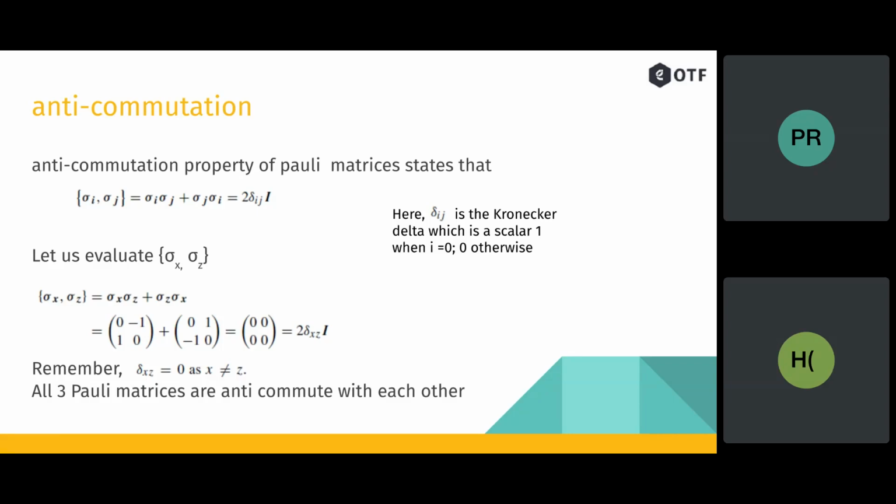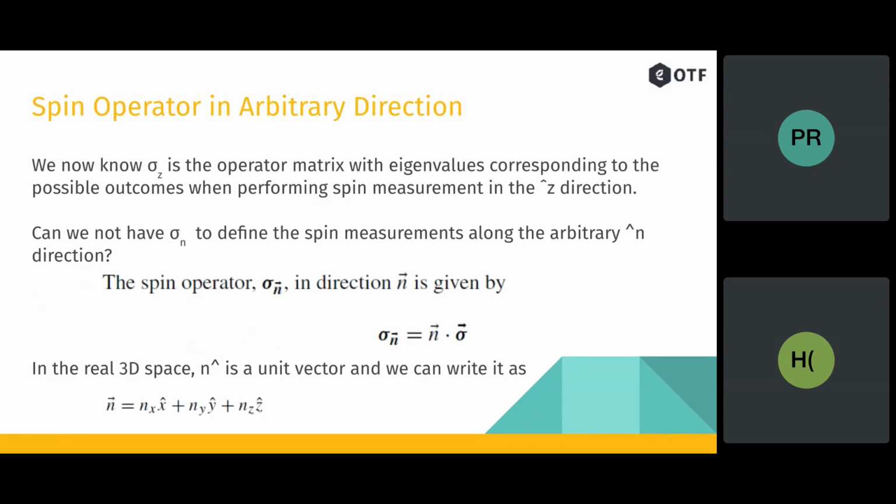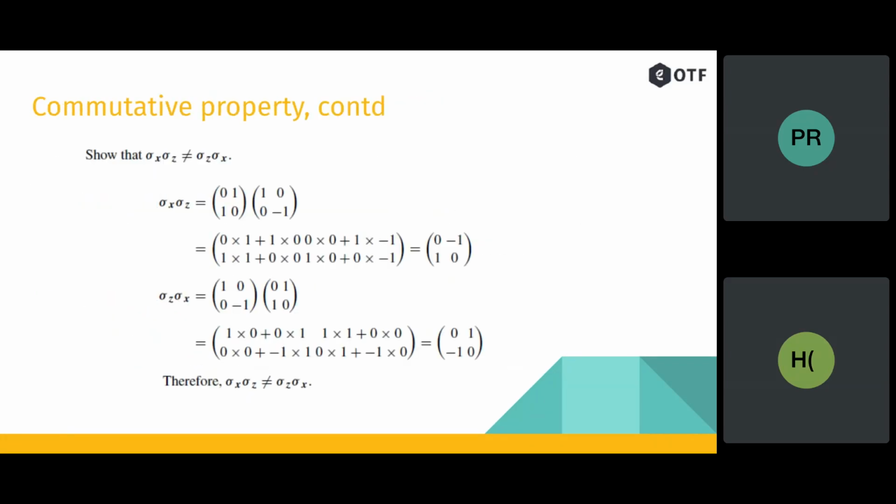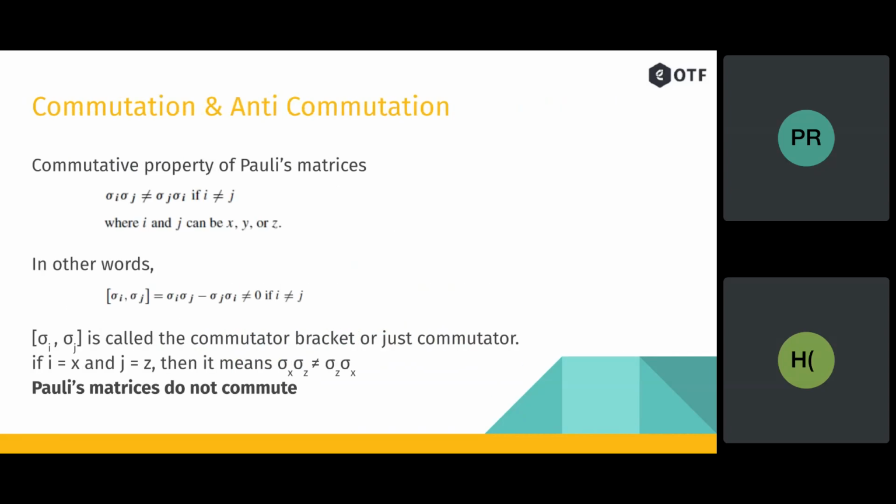Those two are not the same, and that is really non-commutative, anti-commutative, and that same thing is expressed by the property that sigma i sigma j is not equal to sigma j sigma i for i not equal to j. This is very similar to what we did with the Kronecker delta function with respect to orthonormality.